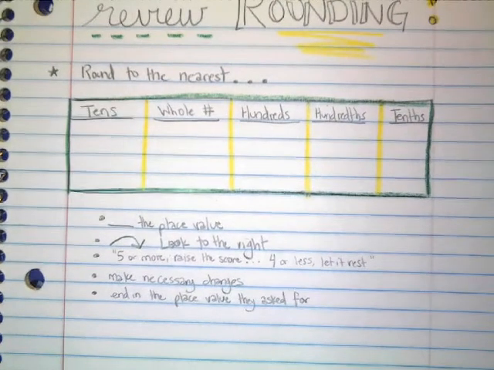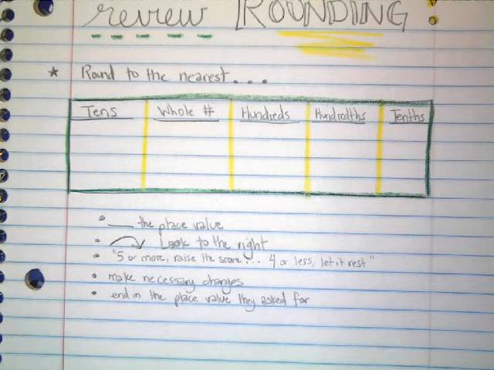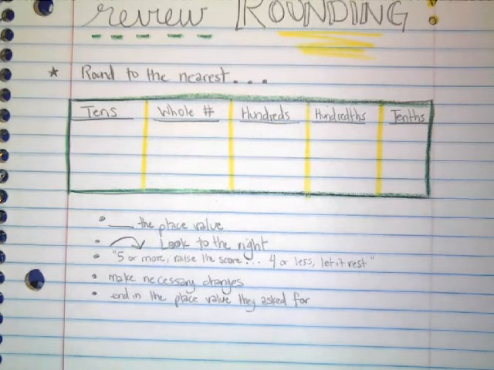Lots of little quick steps. Underline the place value, look to the right, ask yourself 5 or more, raise the score, 4 or less, let it rest, make the necessary changes, and then end in the place value they asked for.